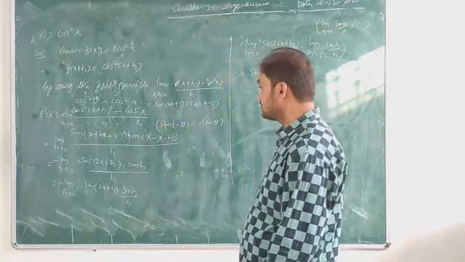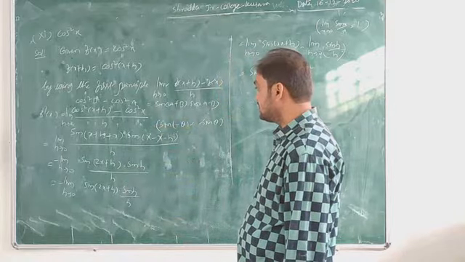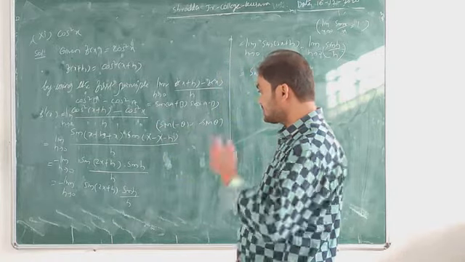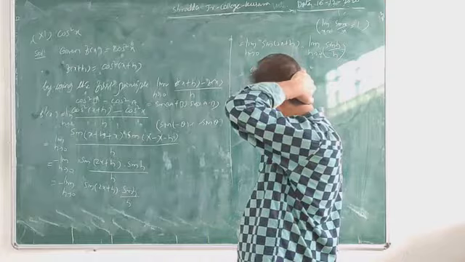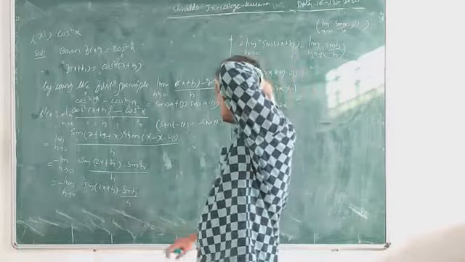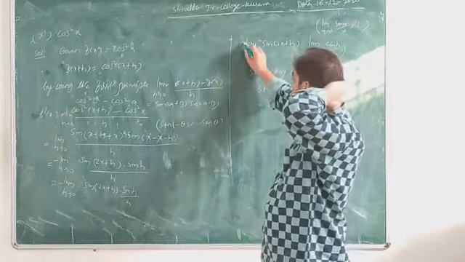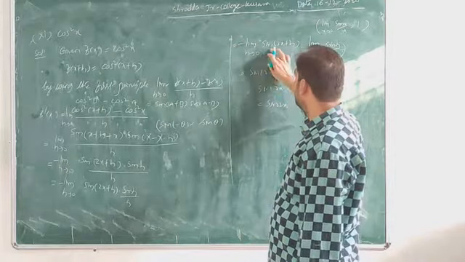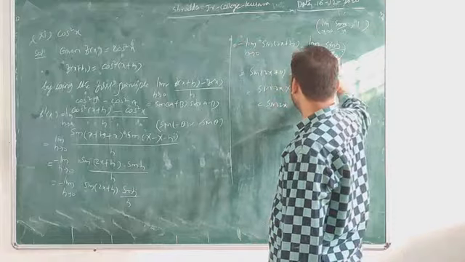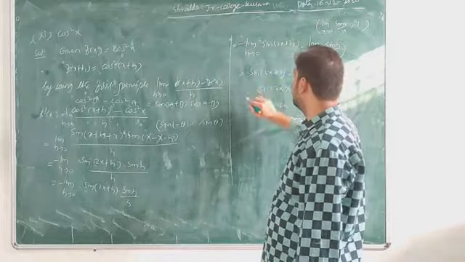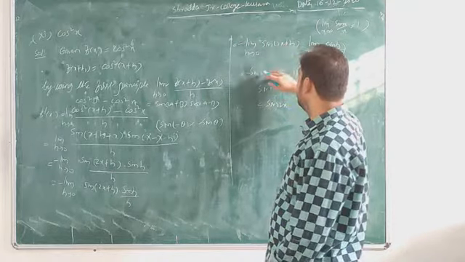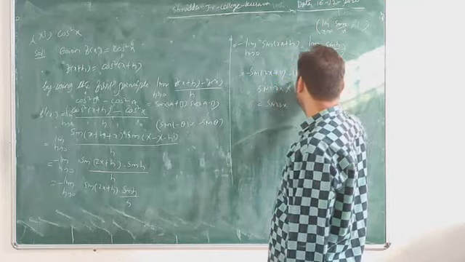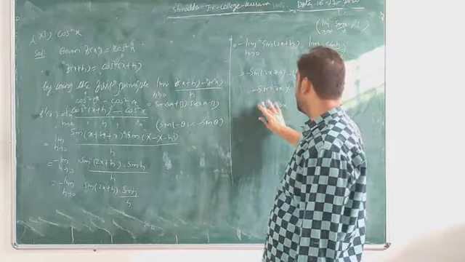Minus limit h tends to 0 of sin(2x+h) into sin h by h, which is minus limit h tends to 0 of sin(2x+h) into limit h tends to 0 of sin h by h. Sin(2x+h) means that is sin 2x. Sin h by h means 1. Minus sin 2x.